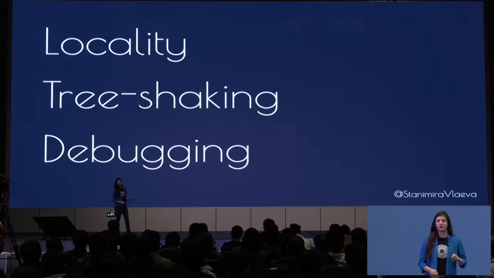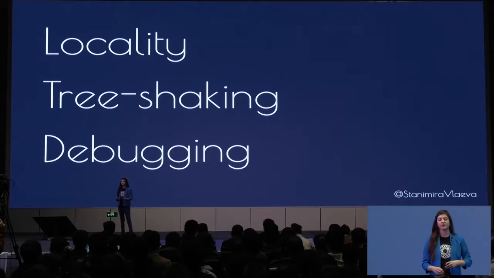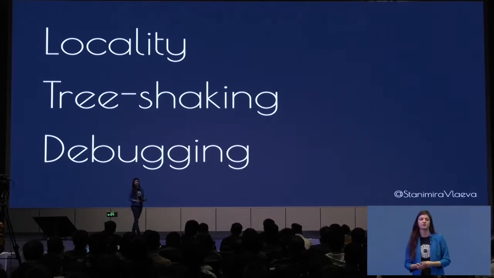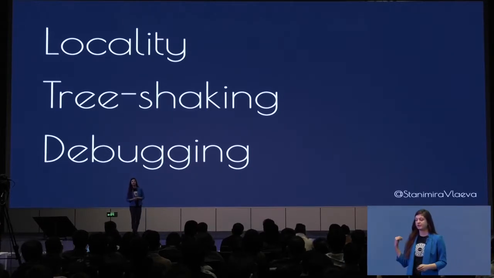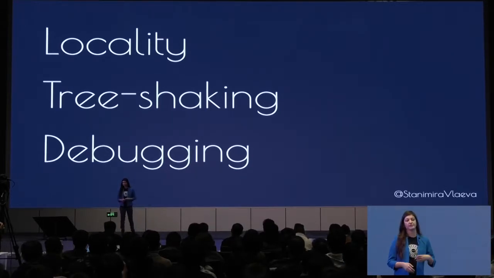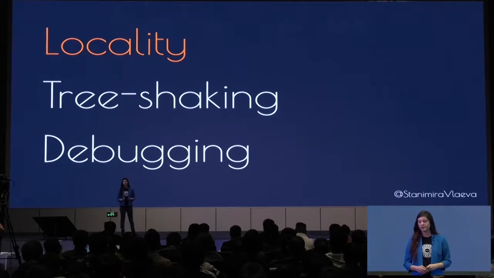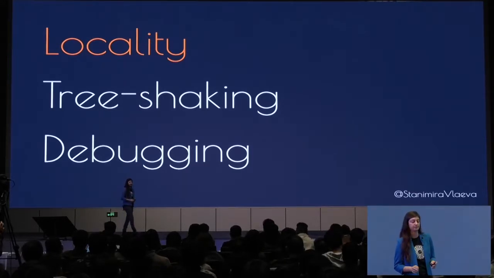So we're going to talk about three things, the three main parts that I think are most important for us as Angular developers. These are features that will be unlocked when Ivy ships. And the first thing is locality.